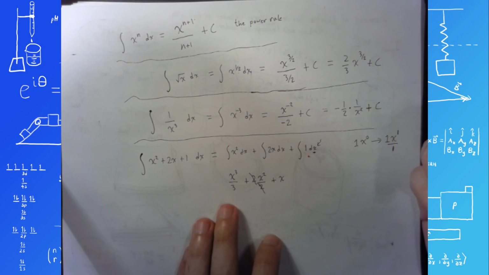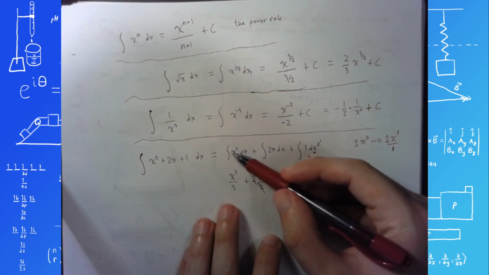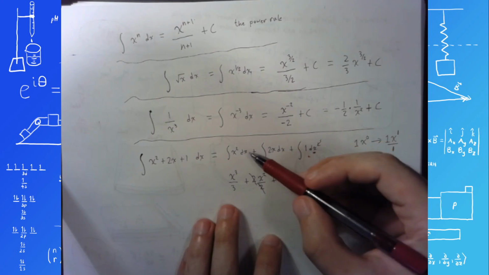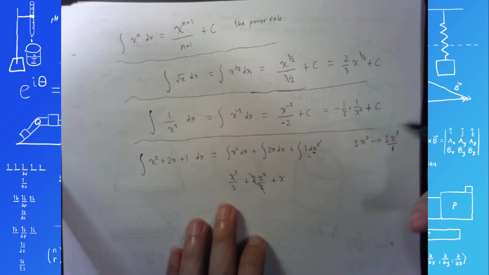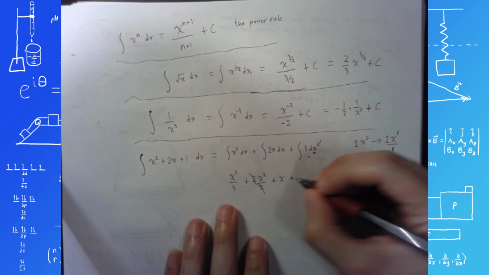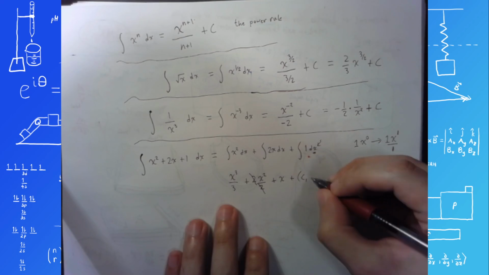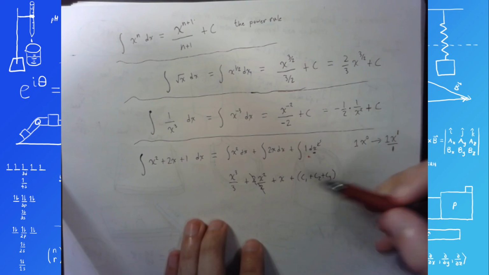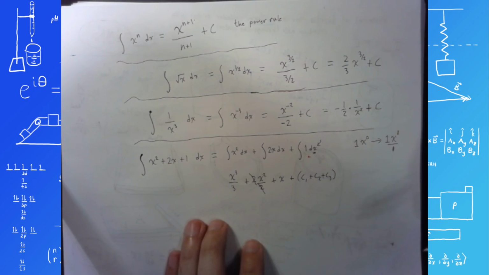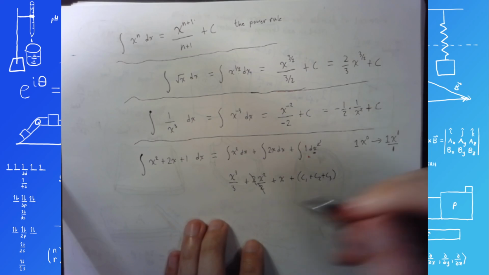So this is just going to be plus x, and then of course there's going to be a big plus c at the end. You might be saying, well, wait, if I wrote it as 3 separate integrals, shouldn't I do plus c1 here and a plus c2 here and a plus c3? Sure, you could do that. So you would get plus c1 plus c2 plus c3. But what's the sum of 3 constants? Another constant.